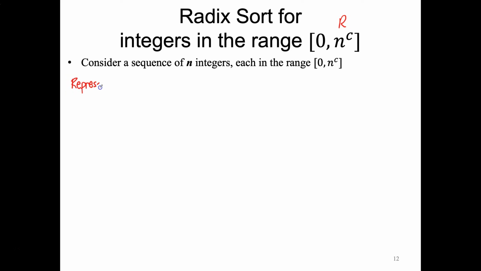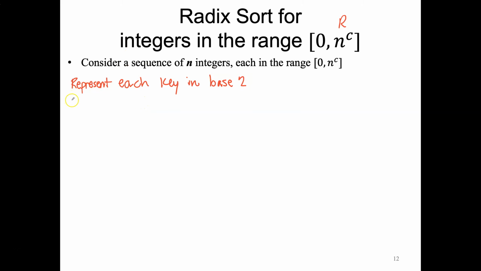We'll represent each key as a binary number. So this means we put it in base 2. So we have a few bits, but each bit goes from 0 to 1.